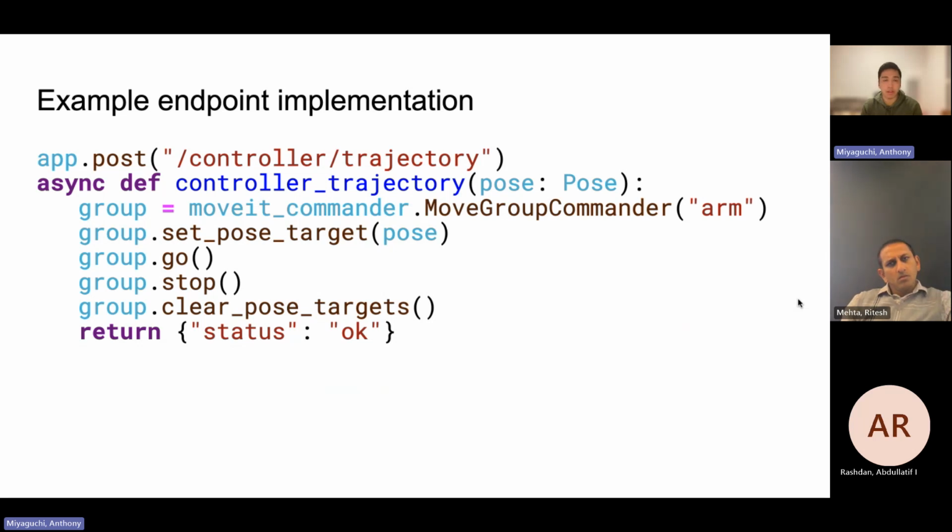So here we basically create an endpoint using Fast API, and this API is at /controller/trajectory, and by sending a pose to this endpoint, we can use MoveIt to move the arm into a location using this asynchronous endpoint. And so this actually works pretty okay.